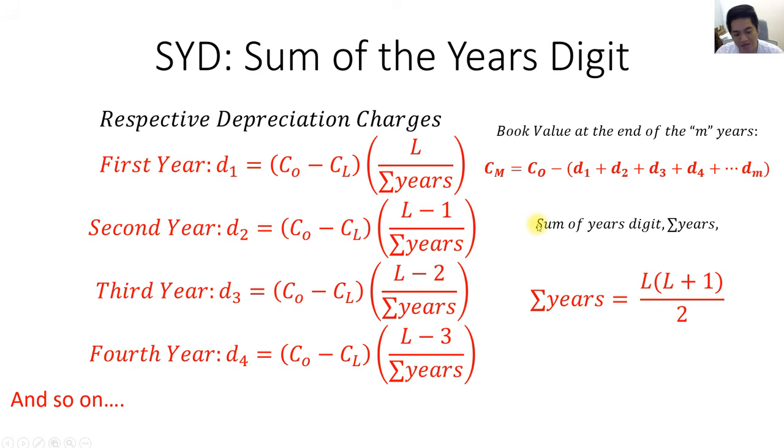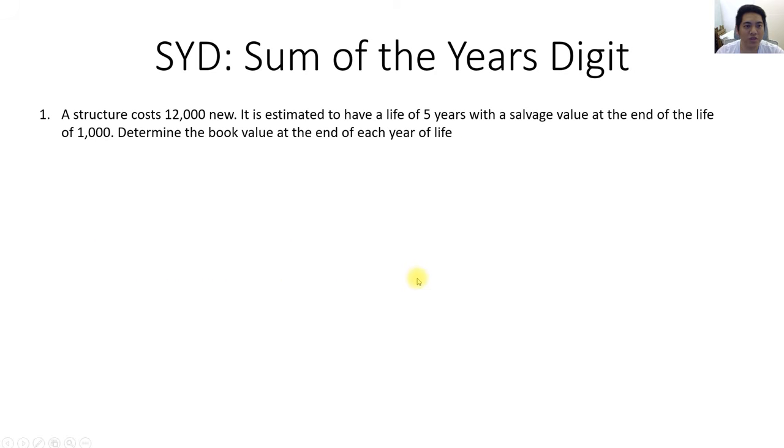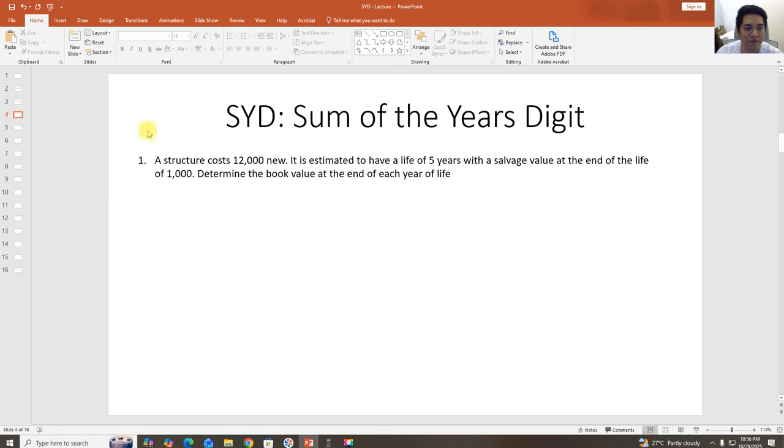In order for us to understand this, we must first try to solve some problems. I have two problems here so that we can understand the formulas much better. For number one, a structure costs 12,000 new. It is estimated to have a life of 5 years with a salvage value at the end of life of 1,000. Determine the book value at the end of each year of life.